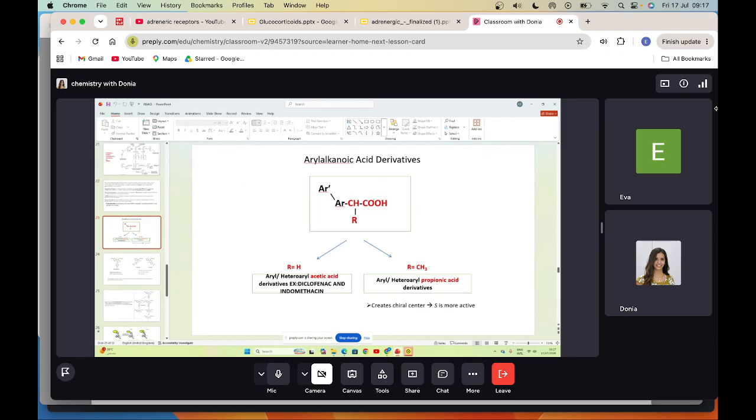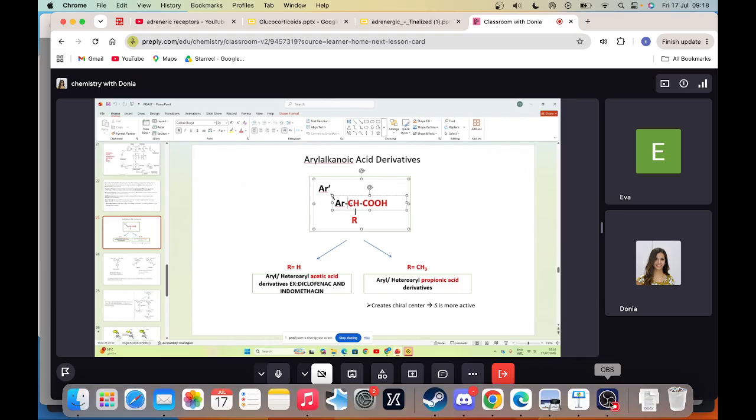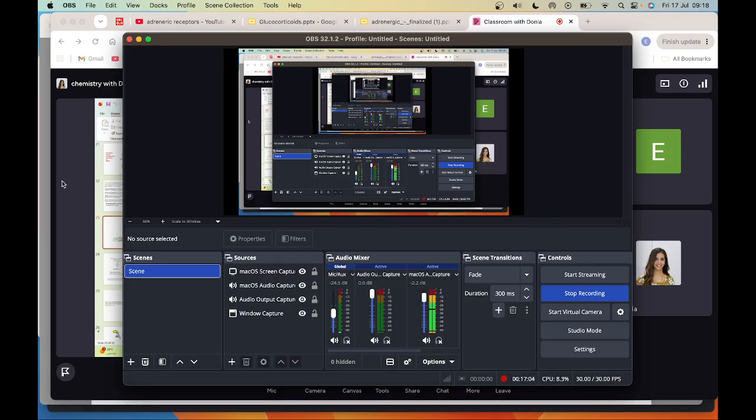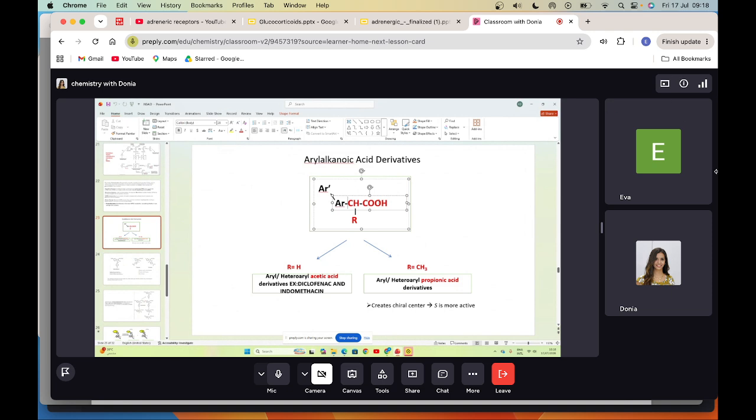Between the carboxylic acid group and the aryl, we have one carbon spacer. This carbon can have two hydrogens, or it can have another R group, an alkyl group. If the R here is not hydrogen, then this carbon will be attached to four different groups, so it would be chiral.